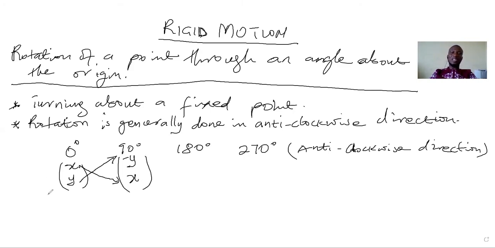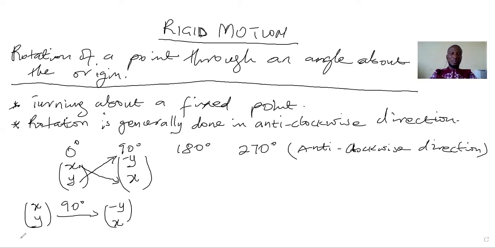This means that if the point (x, y) is rotated 90 degrees anti-clockwise, the formula we are going to get is negative y, x.